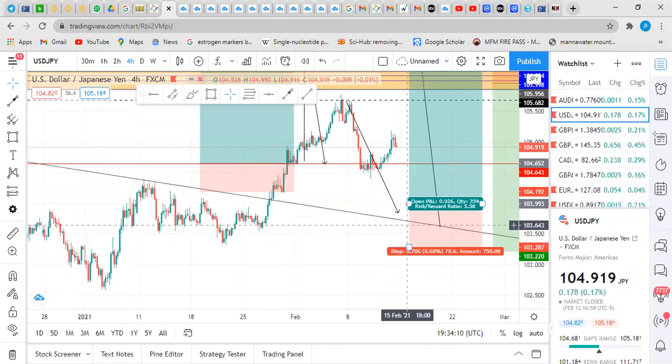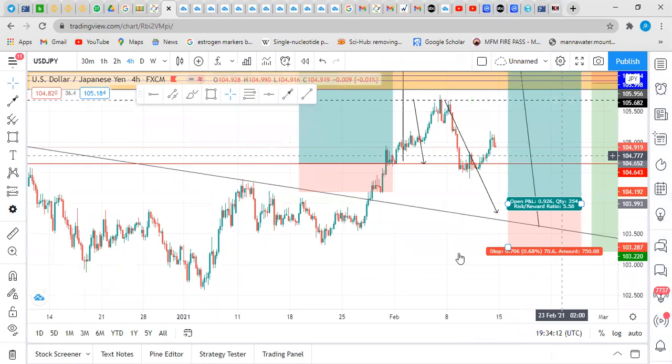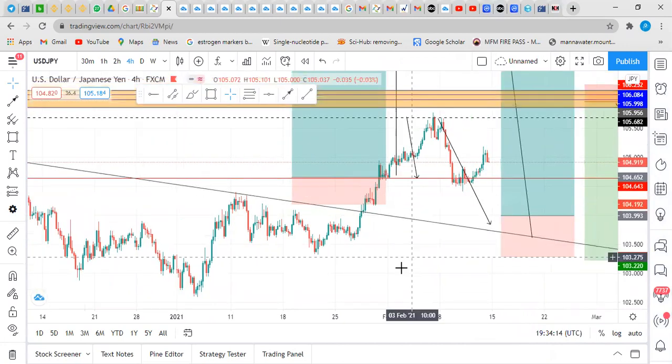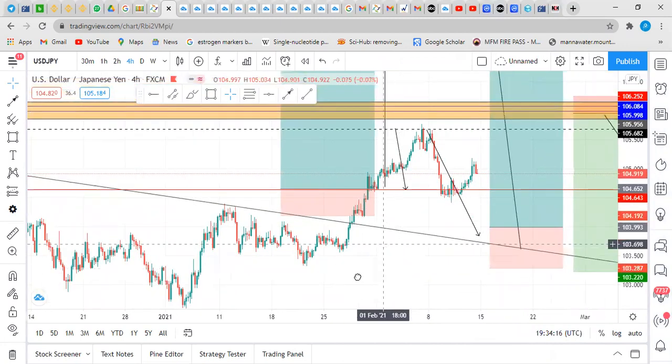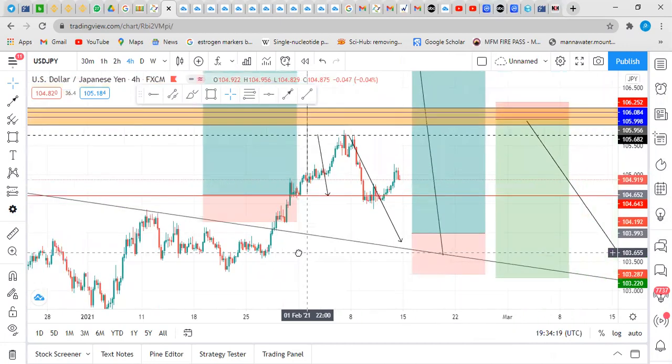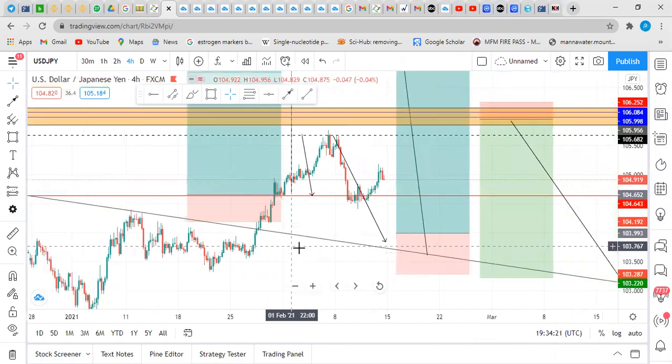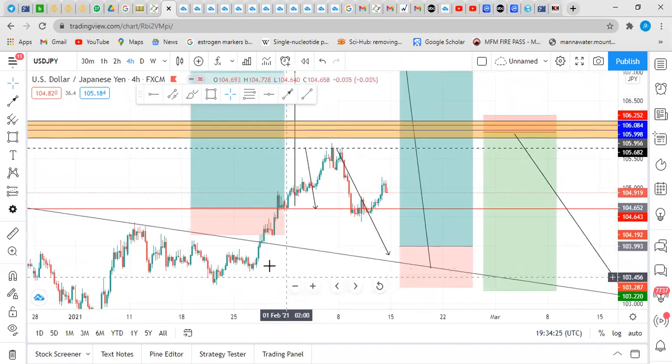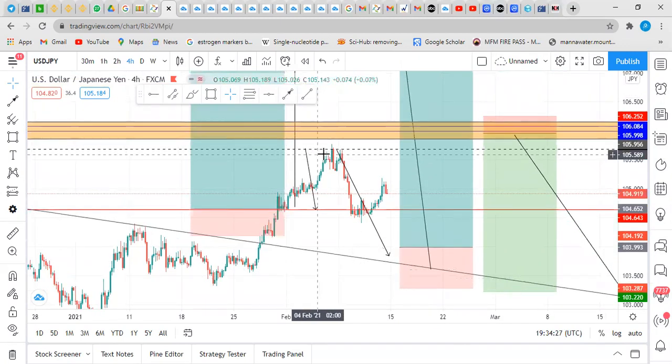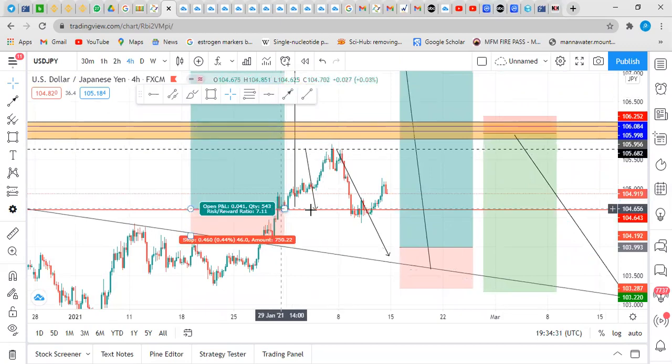So for USD/JPY, let's analyze it here. I gave 3 analyses on USD/JPY. The first one, I analyzed price tracing all the way to this point.